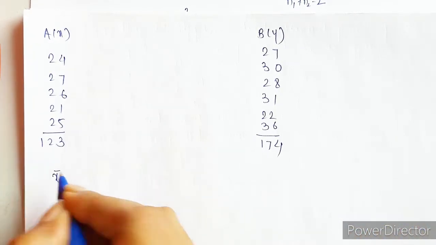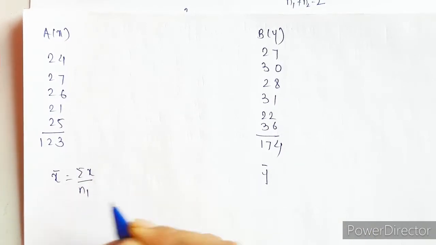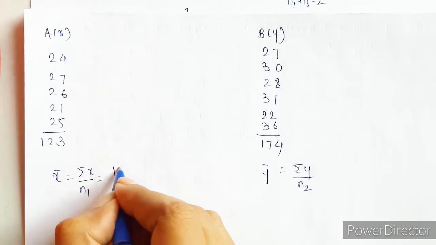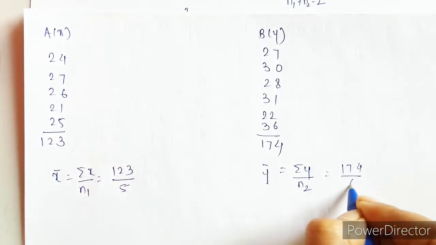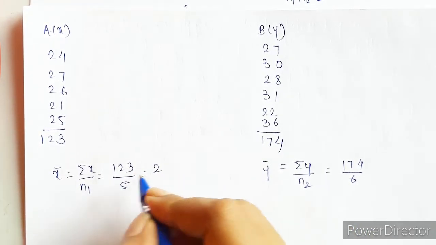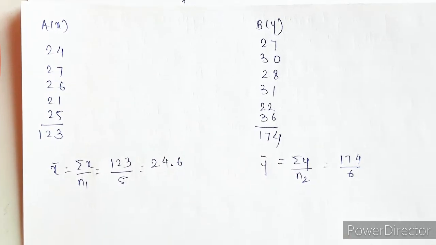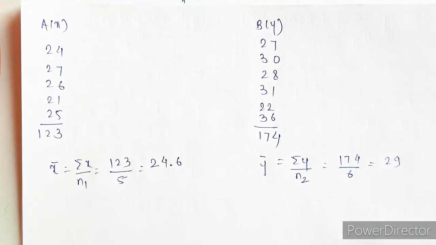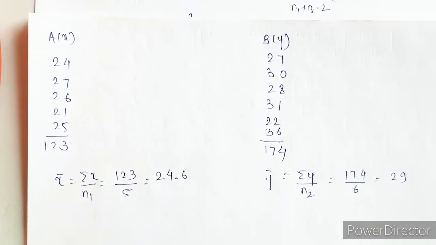Now we need to calculate x bar and y bar. X bar is summation of x upon n1, whereas y bar is summation of y upon n2. So it is 123 by 5 and 174 by 6, which gives 24.6 and 29. So x bar is 24.6 and y bar is 29.